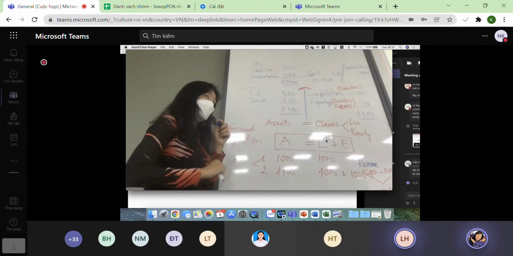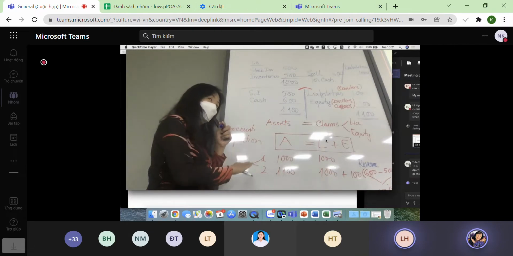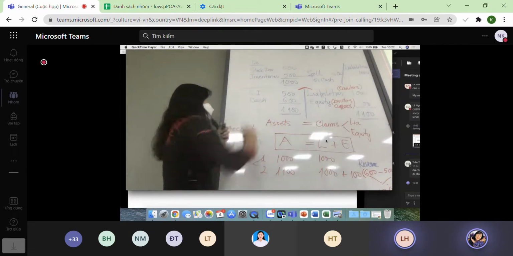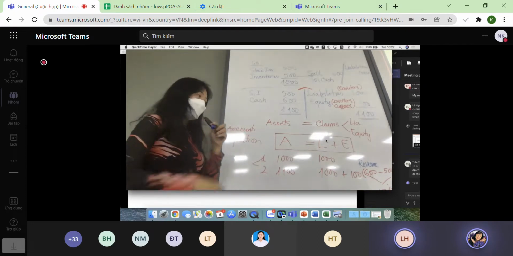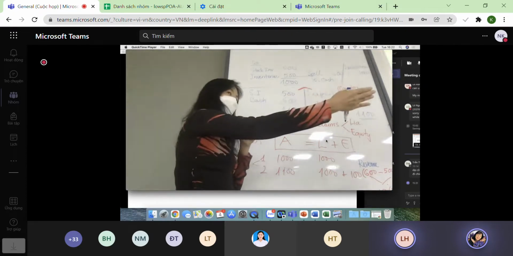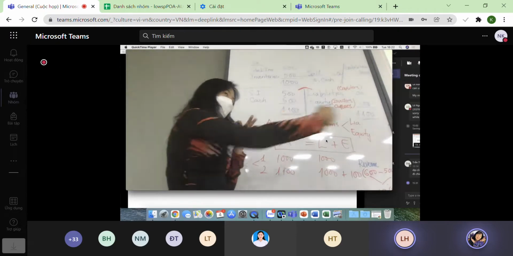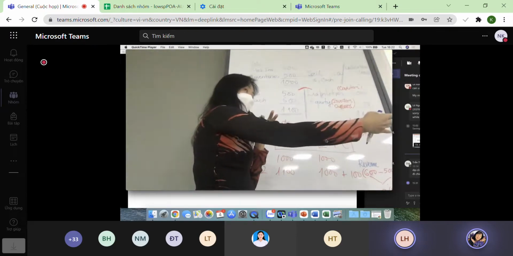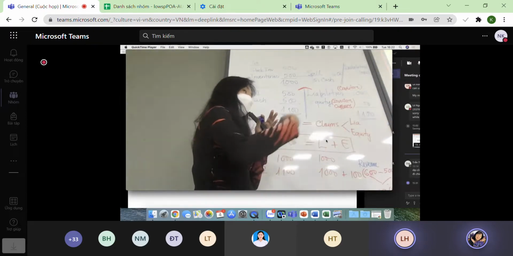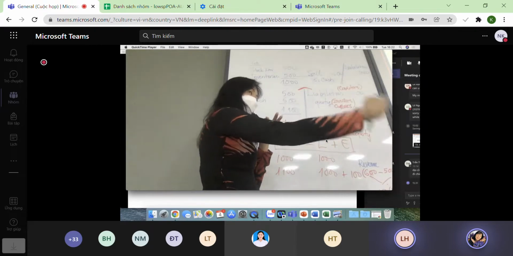So that is the cost we have to pay to buy inventory. And when we sell them, it becomes expenses. The cost of inventory becomes expenses.